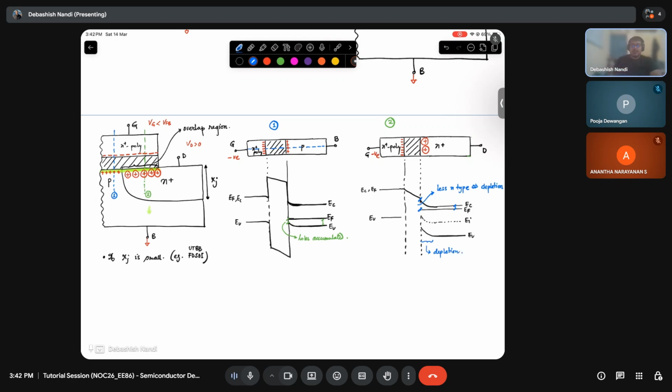Now understand one thing. By the way, this is your applied potential, QVGB, and this is your applied potential, QVGD, right?